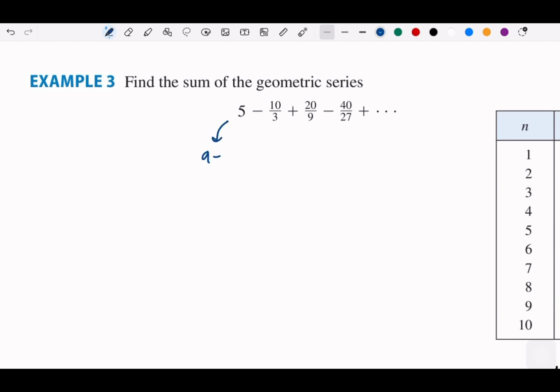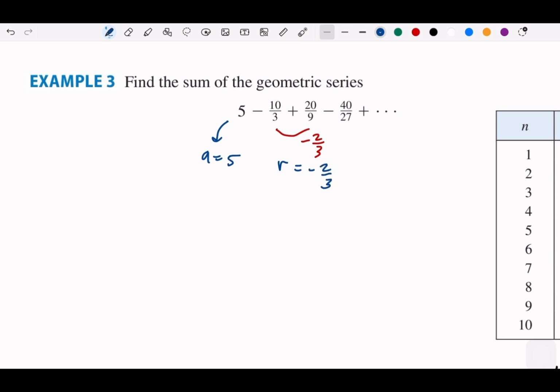The first term a is 5. And what is the ratio? If we see how to derive all the numbers, it comes from multiplying by -2/3, so r is -2/3.